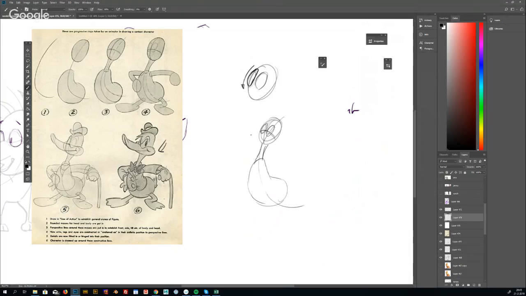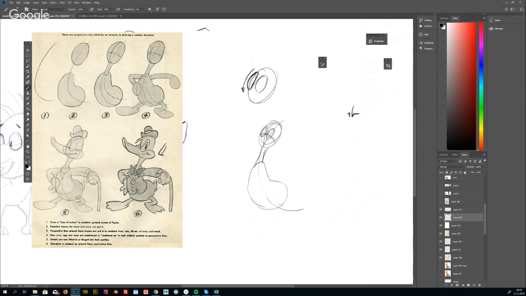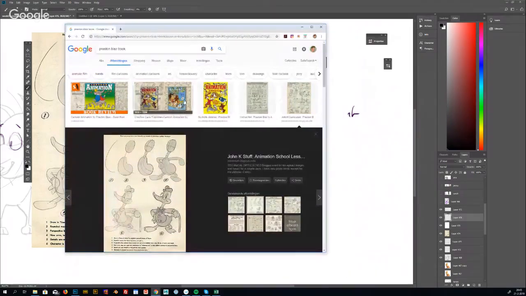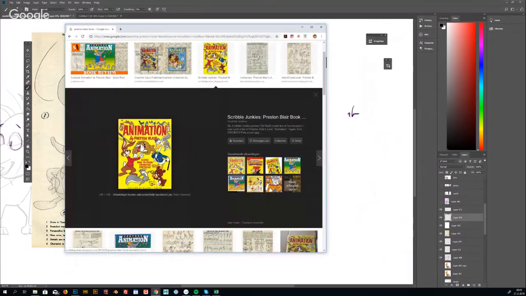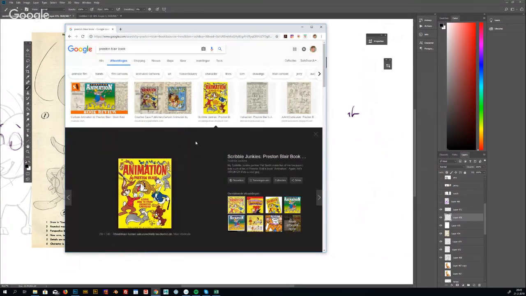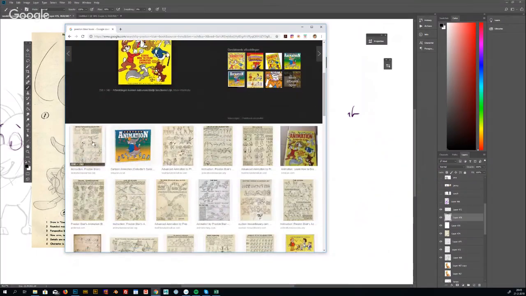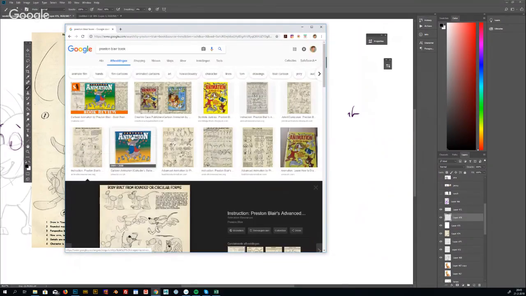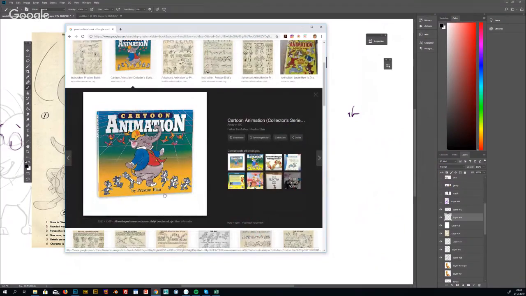So the book is called Preston Blair. If you look for Preston Blair, you can find it. I think if you look for the PDF, you will find it too. And this is Cartoon Animation by Preston Blair, the thick version.